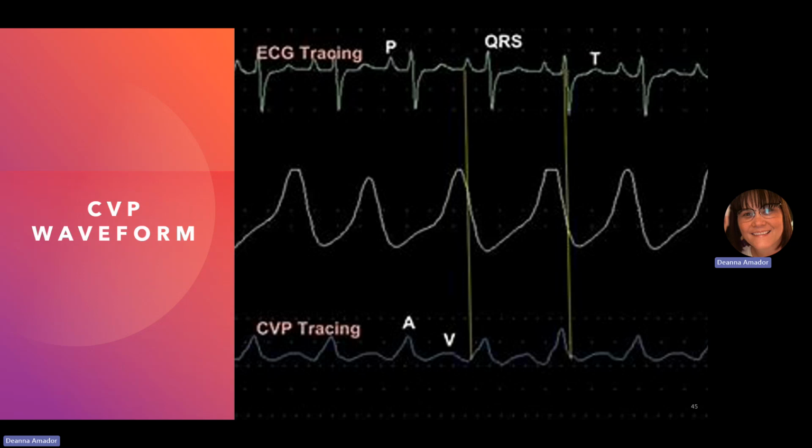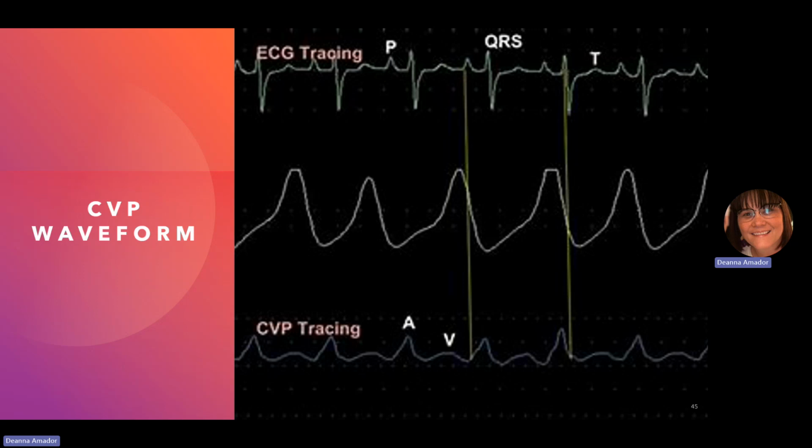So it is still a continuous monitoring and tracing that is going to be shown on your monitor. And that CVP is also connected to pressure tubing and a pressure bag, and it has that little transducer that we have to have right at the phlebostatic axis, just like you do with your arterial line.